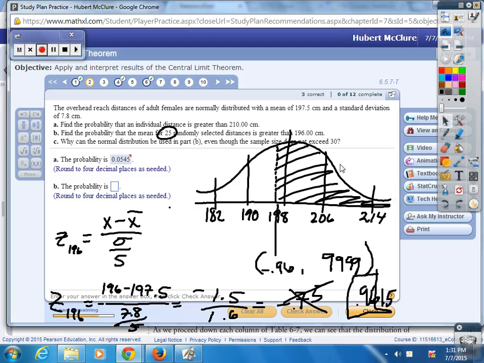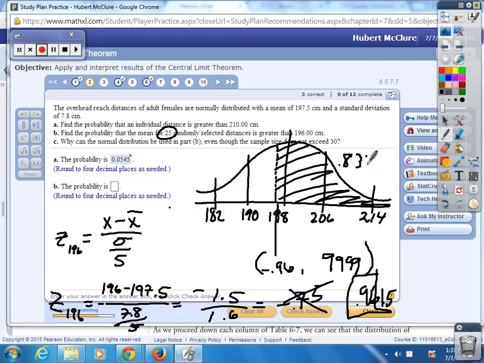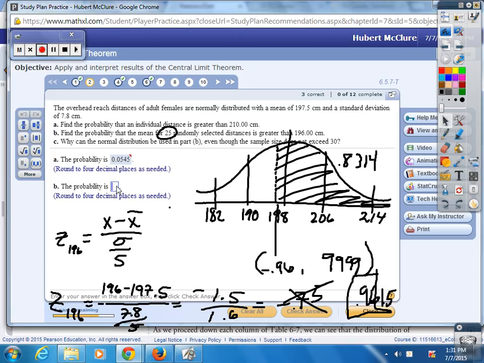Everybody agree with that? 0.8314. So what is the chance of 25 being greater than 196? You're talking about an 83% chance, or a 0.8314 probability. 0.8314. And we feel good about ourselves.